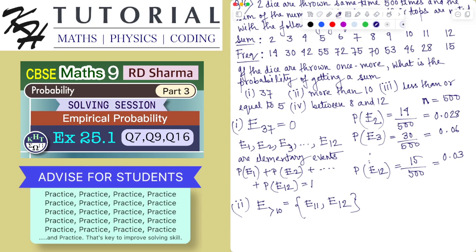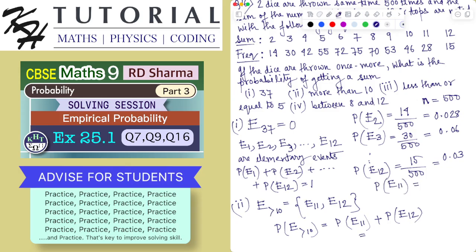So probability of this event will be equal to the sum of the probability of the elementary events whose collection is making the event E greater than 10. So we will have probability of E11 plus probability of E12. What is probability of E11?